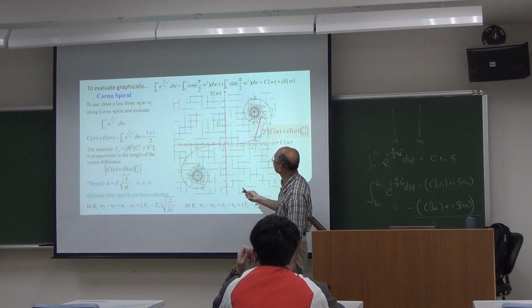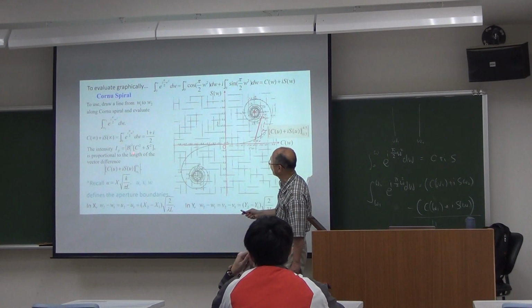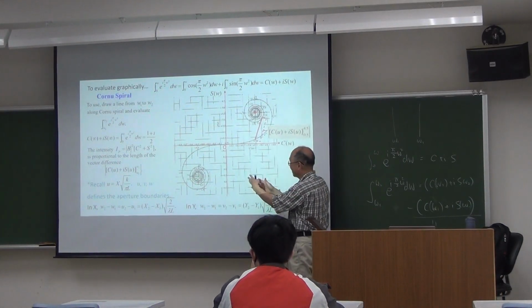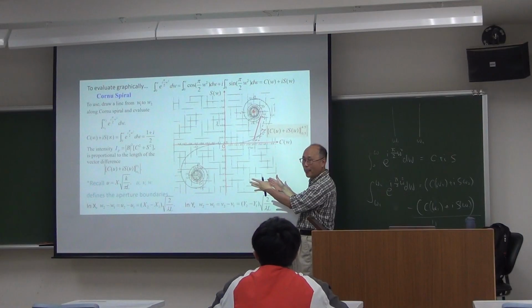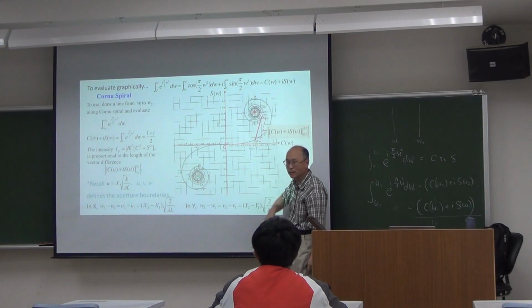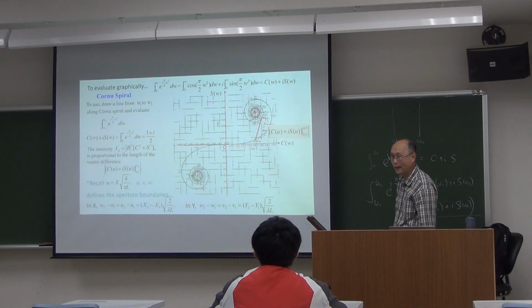The length of this is the electric field, so the length is going to give you the intensity. So you understand, if you want to plot the intensity distribution, then you measure the length of this. Okay, so this is a graphic solution to Fourier diffraction.